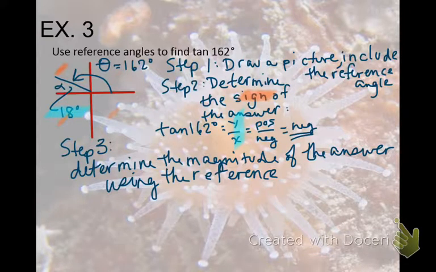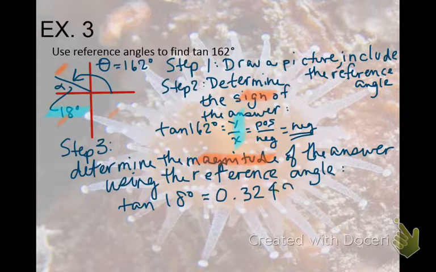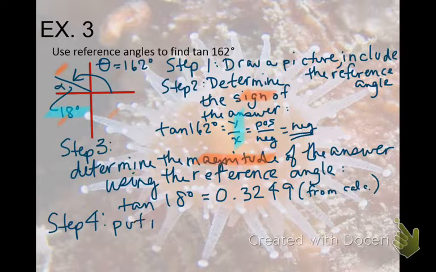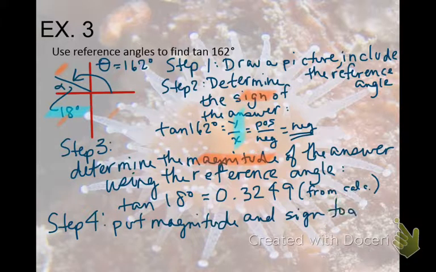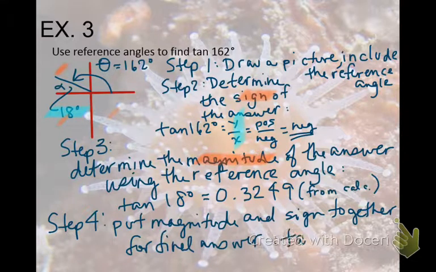And then here we're getting the magnitude, and we're treating that as two different independent values that we'll put together for the final answer. So tangent of 18 degrees, if you use your calculator, is 0.3249, chopped off to the 4th decimal place. And so step 4, we're going to put those together. We know that it's negative because it's in quadrant 2, and we're taking the tangent of it. And we know that the magnitude of the tangent is 0.3249.